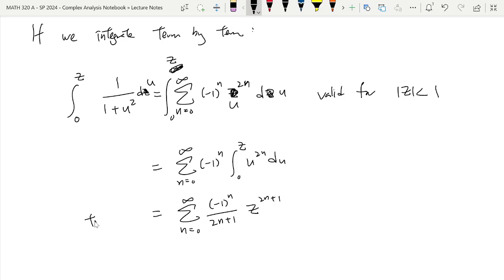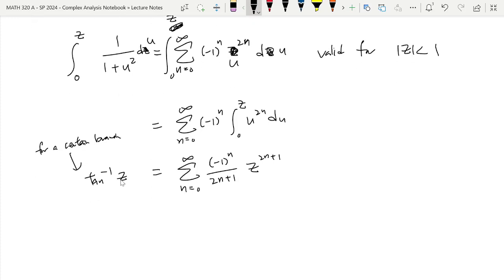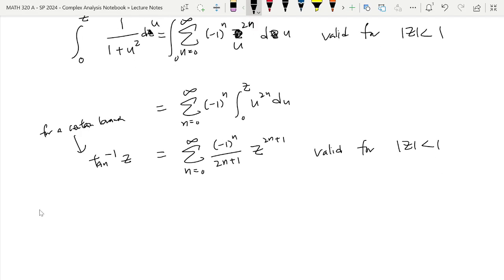So I should write this. So for a certain branch. That is not what we want to be too worried about, taking a branching. Restricted to the real line, you get the usual arctangent of x equals the summation of this, x to the power this.